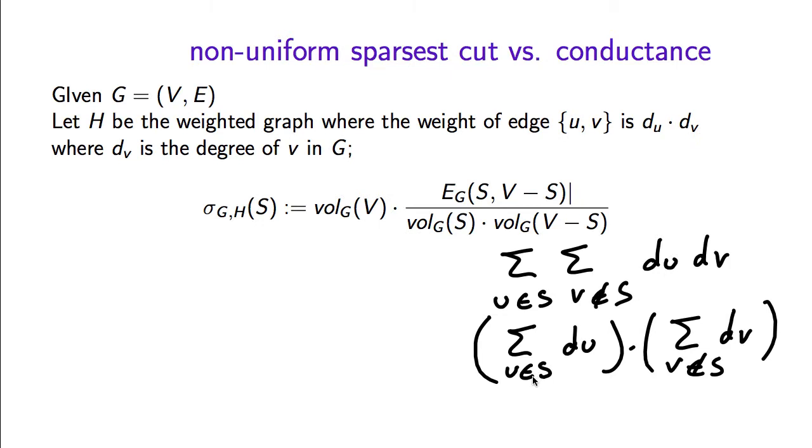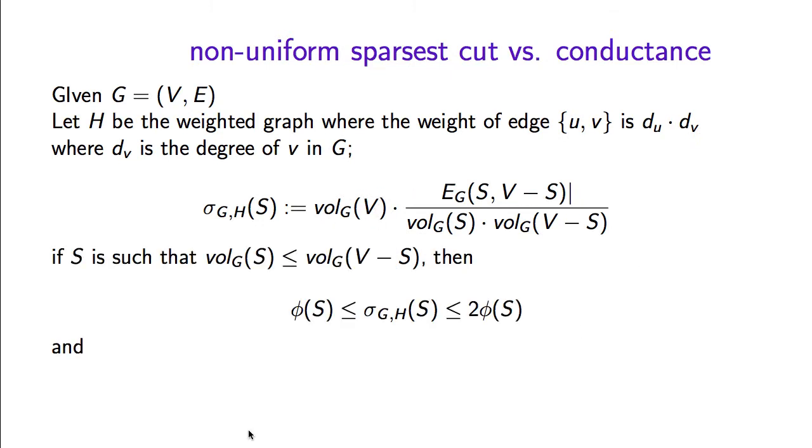The normalization is going to be the total weight of the edges in H divided by the total weight of the edges in G. And this will simplify to being just the volume of V in G. Now for a given cut S, V minus S, let's call S the side of the cut with the smaller volume.